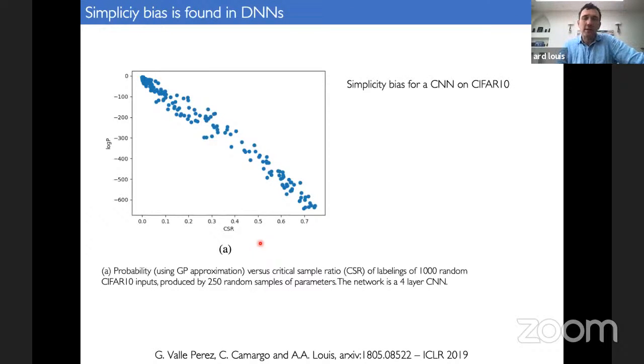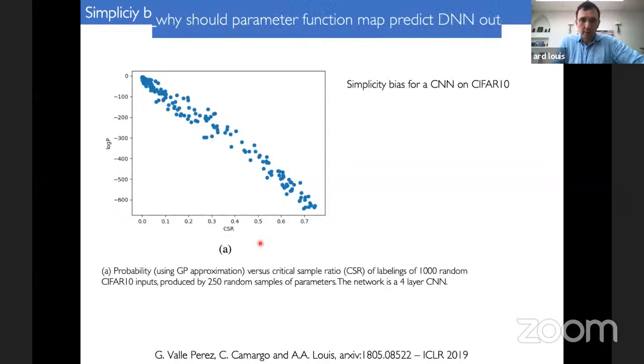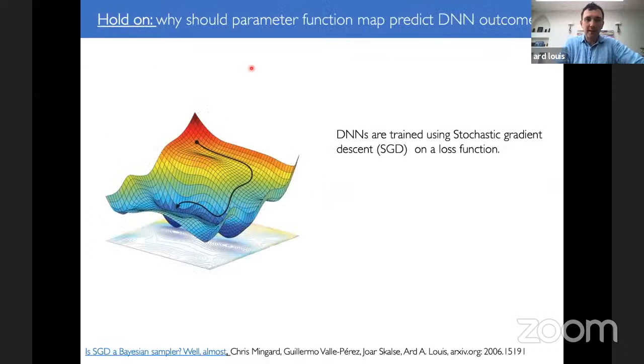I wanted to argue that these parameter-function maps should be, as your first null expectation, exponentially biased towards functions that have low Kolmogorov complexity. And that's good because typically we're interested in data that is in one way or the other structured. However, some of you may say, and I think understandably so, isn't it the case that neural networks are not trained by randomly picking parameters?